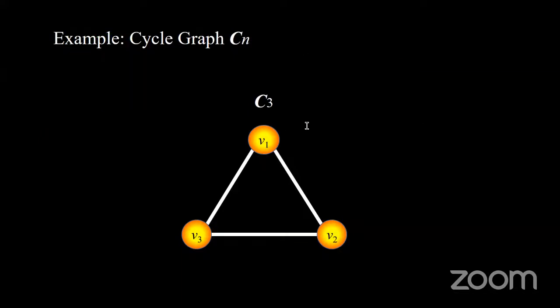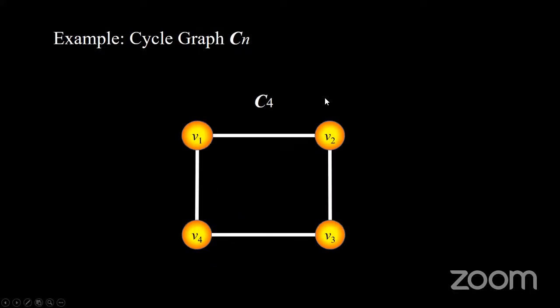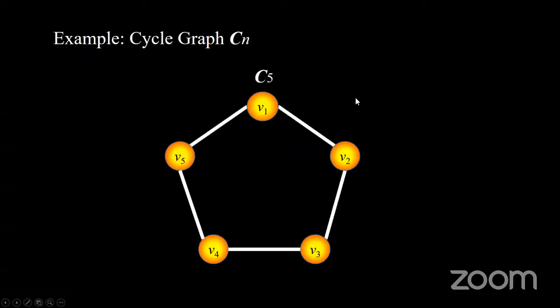Okay, so this is C3. This is a cycle, and there are 3 vertices. And it is C4, so that's a cycle, and there are 4 vertices.